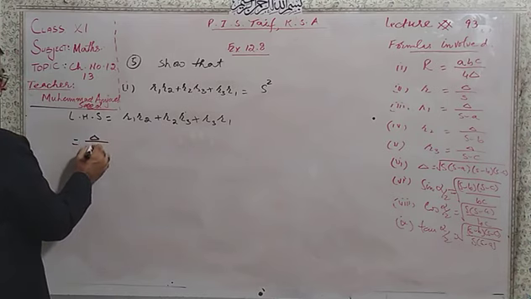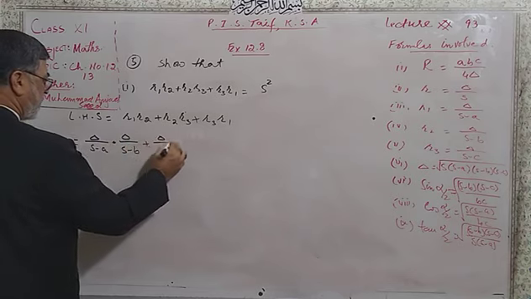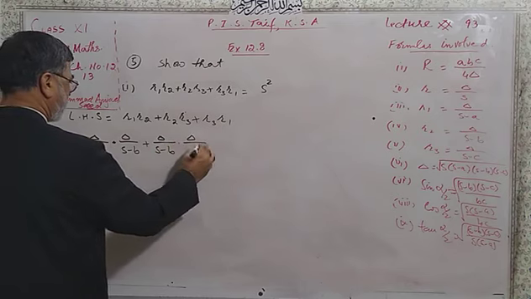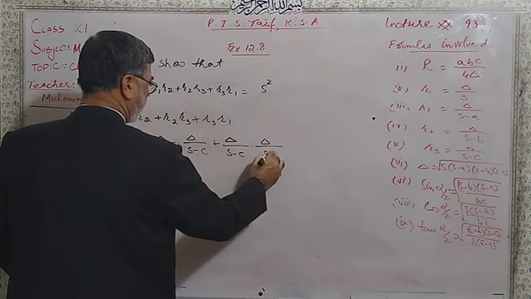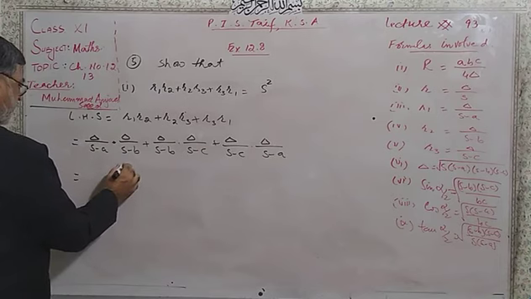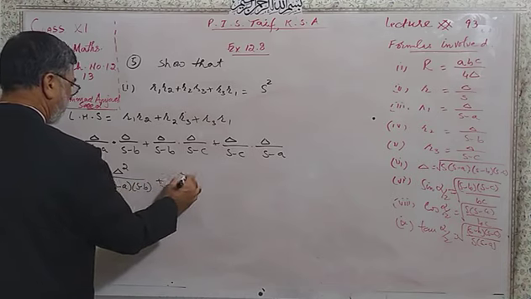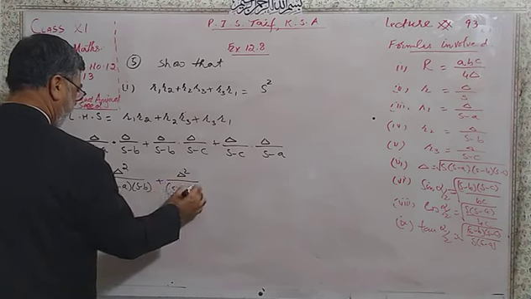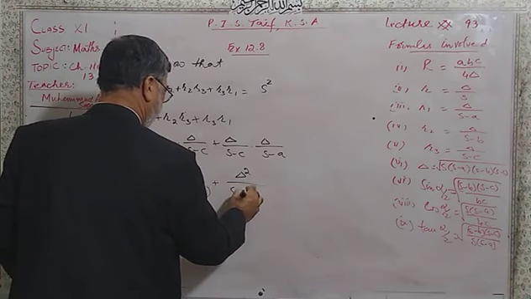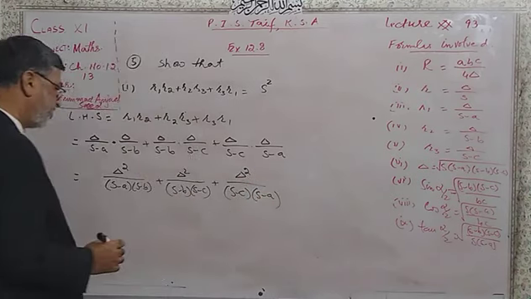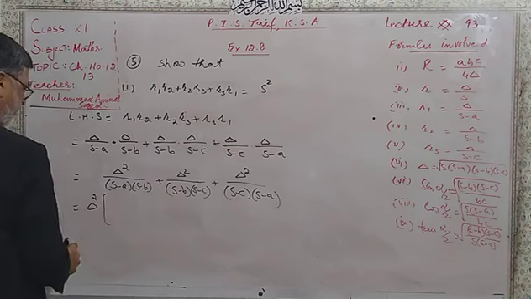Here we have delta over S minus A into delta over S minus B plus delta over S minus B into delta over S minus C plus delta over S minus C into delta over S minus A. Here is delta square over S minus A, S minus B plus delta square over S minus B, S minus C and plus delta square over S minus C, S minus A. Dear students, you can take delta square common.